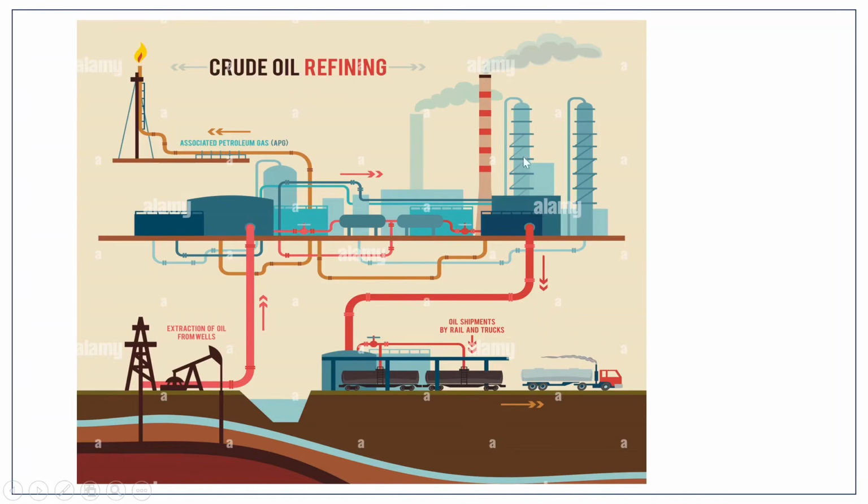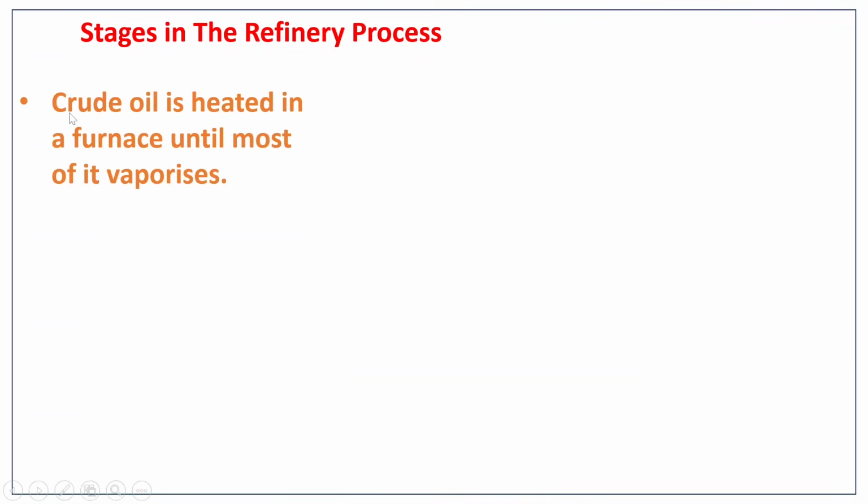Okay. Now, let us look at stages in the refinery process. So, the first stage is that crude oil is heated in a furnace until most of it evaporates.